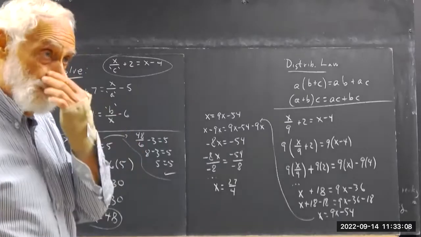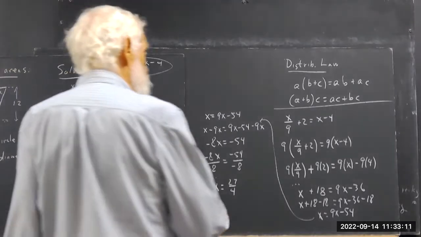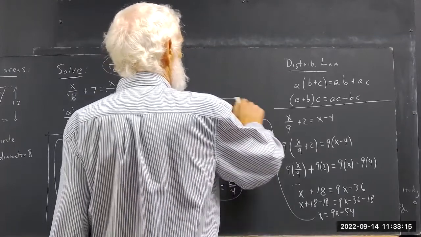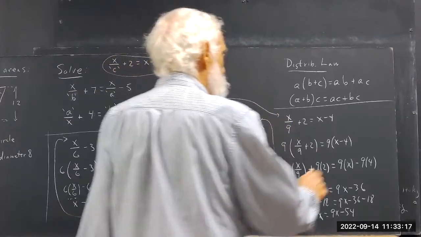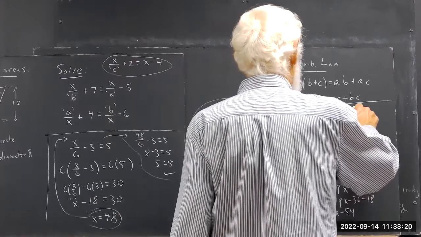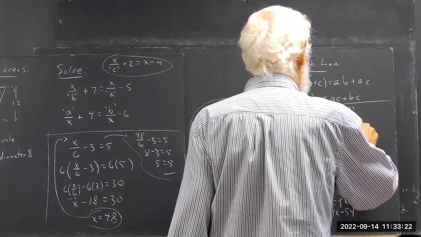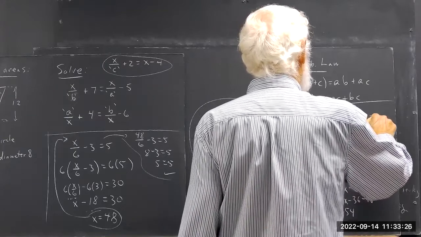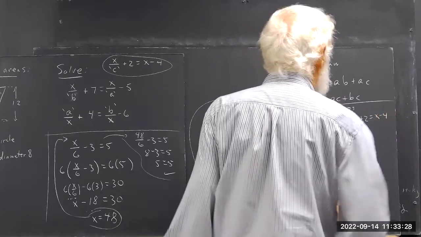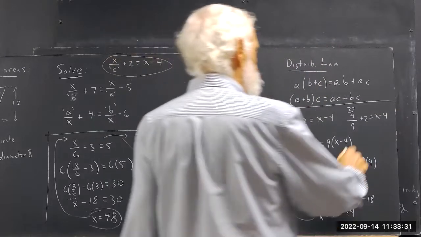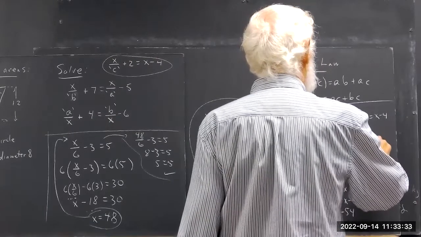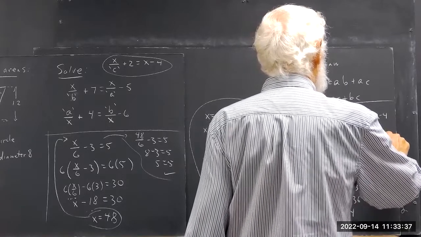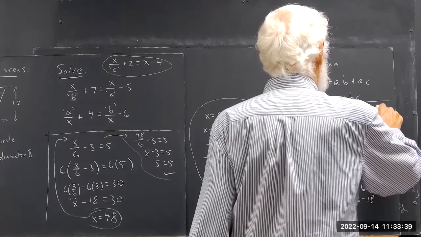Okay. And then we go back in for x, and we get 27 fourths over 9 plus 2 equals x minus 4. Well, that's the same as 27 fourths times 1/9 plus 2.